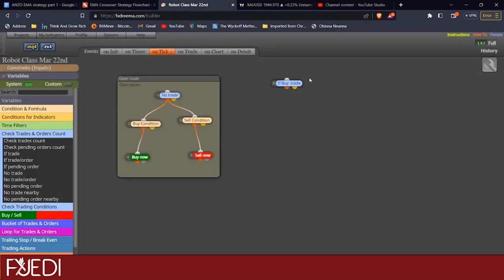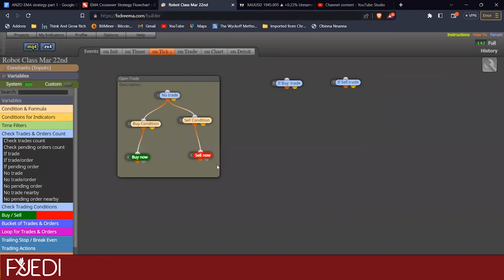So we'll check if there's an open buy trade, and we can do the same thing and check if there's an open sell trade. So let's rename this, edit, rename it if sell trade. Okay, let's click on done. Now, if buy, what do we want to do?